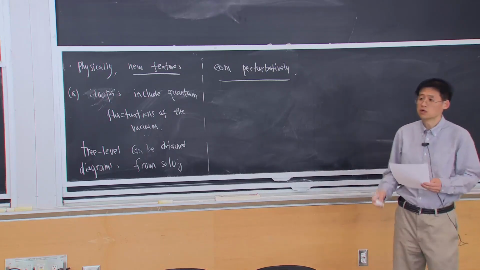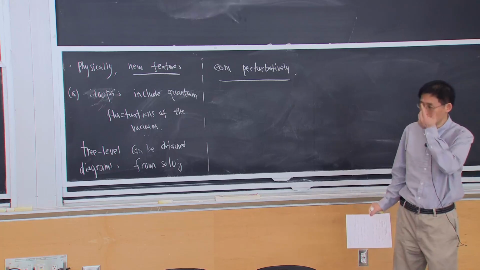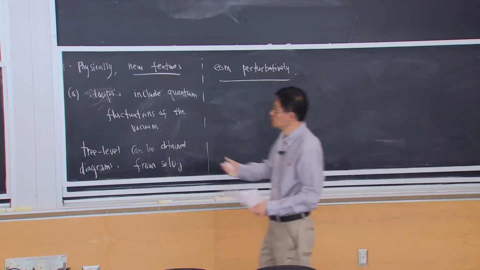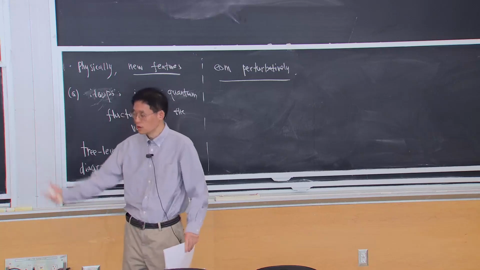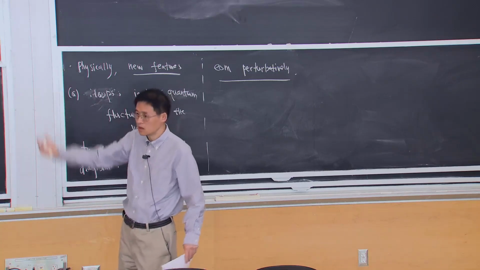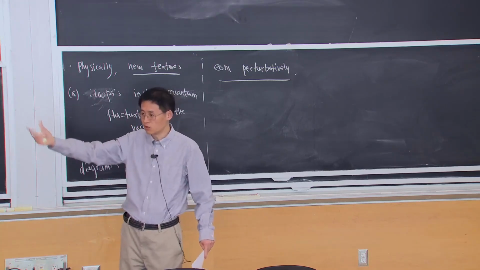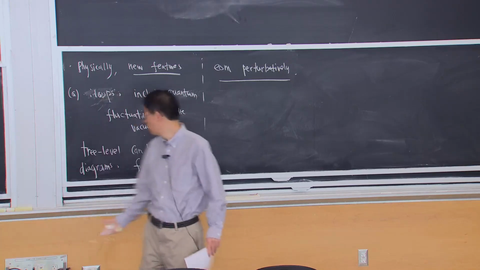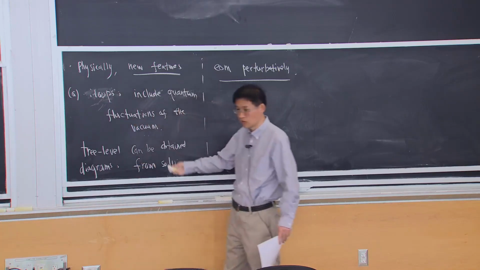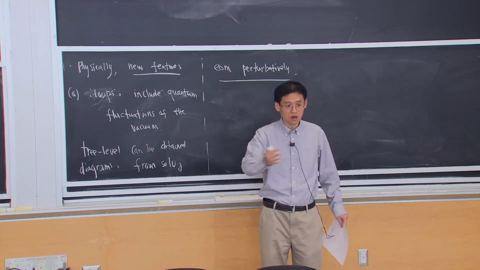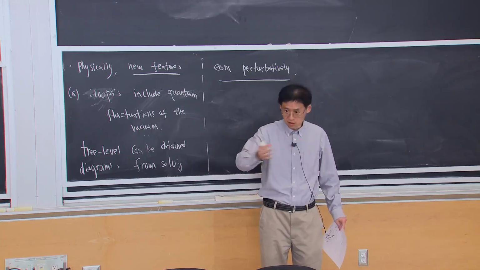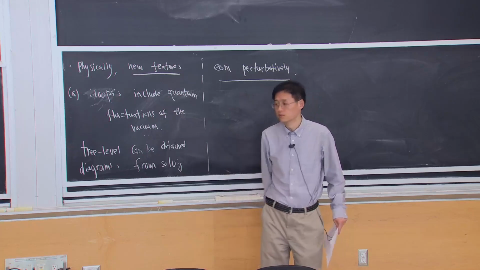Just take the QED nonlinear equation of motion, with this coupling e, and solve that equation perturbatively order by order. It turns out all tree-level diagrams can be understood from that process, essentially coming from solving the classical equation of motion.